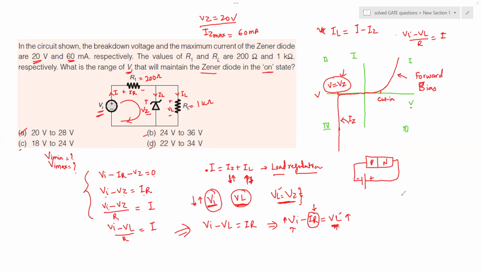R is constant, so I is going to go up so that the voltage drop across the resistor R goes up.